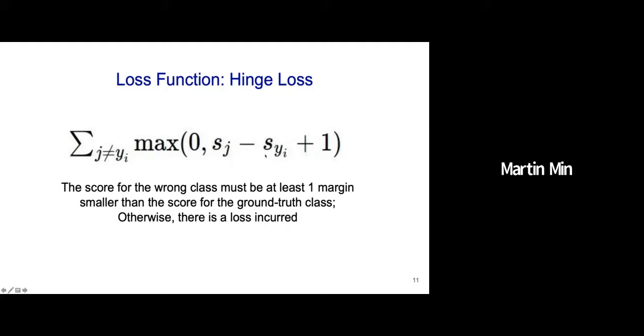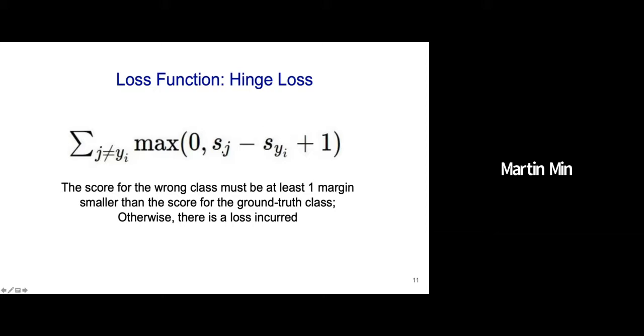So if S_j is smaller than S_yi minus 1, you don't have any loss, because this will be negative. But if S_j equals S_yi minus 0.8, you will have a loss of 0.2.